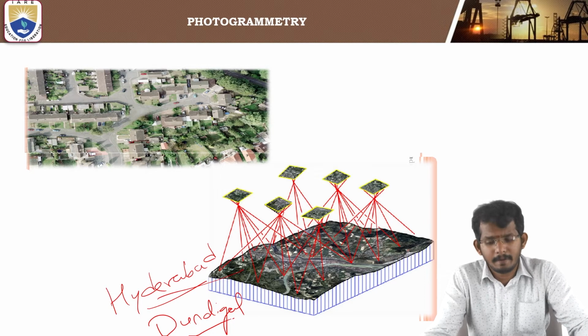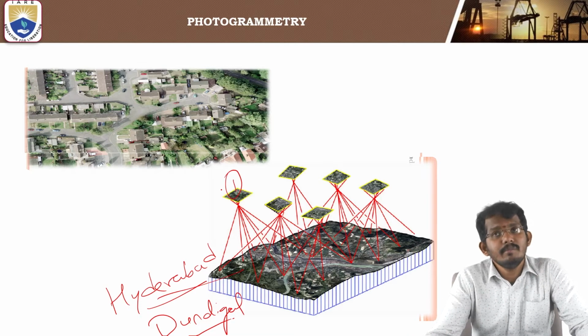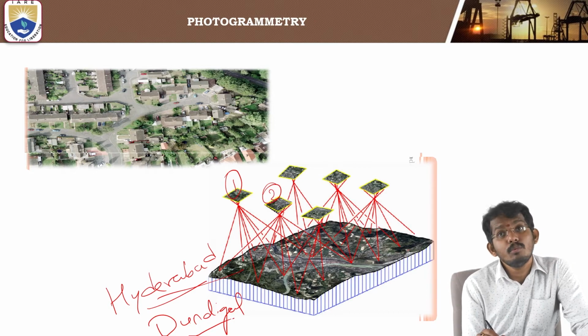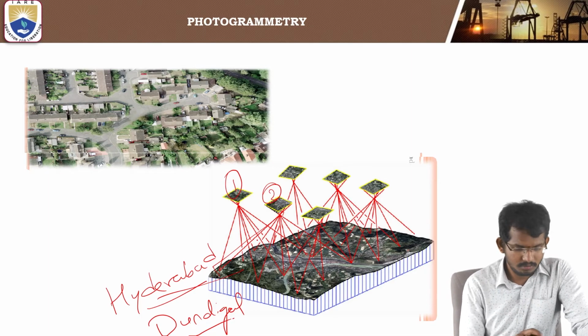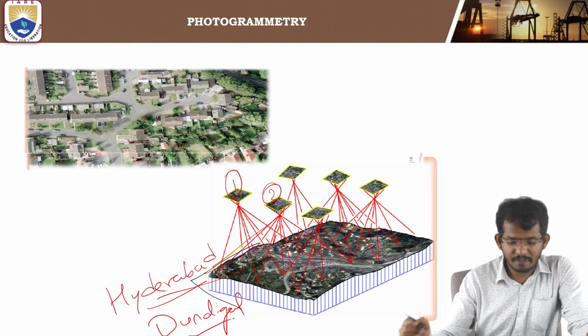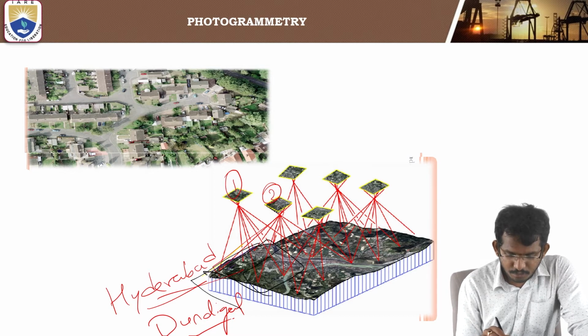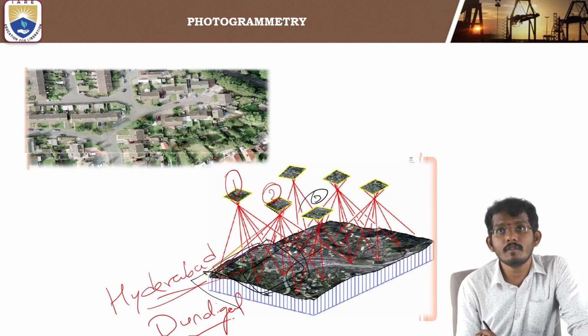In aerial photogrammetry, at the first point, called exposure station 1, I have captured an image. Again, at exposure station 2, I have captured one more image by overlapping the previous image. At the first exposure station, I have captured some photograph on the ground. I overlap this photograph for the second exposure station, and I have a third exposure station. Again, I will overlap the previous photograph.